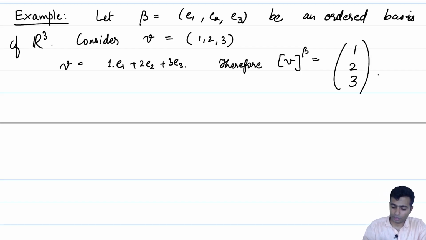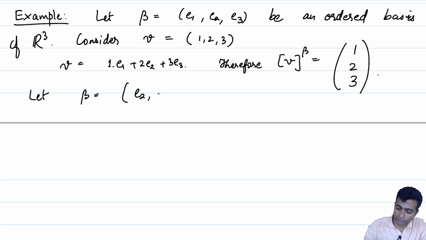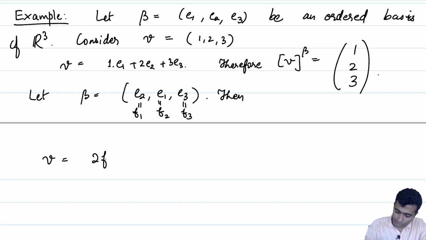Suppose we change the order, let beta prime be equal to E2, E1 and E3 like we had done earlier. Then what do we know about v? Let us call these F1, F2 and F3. Then v is equal to 2 times F1 plus 1 times F2 plus 3 times F3.